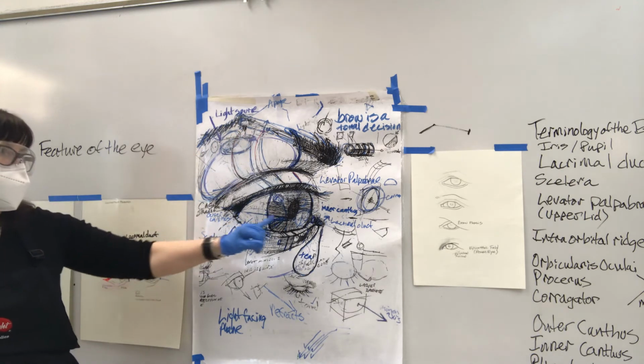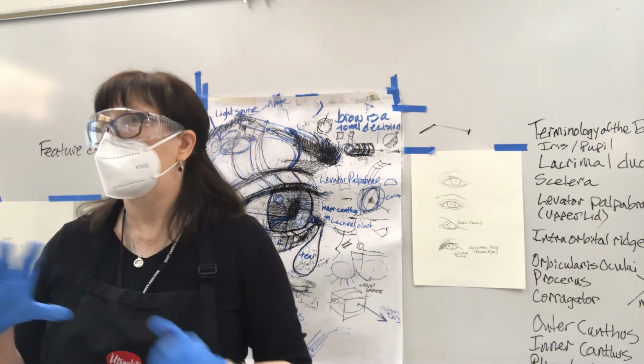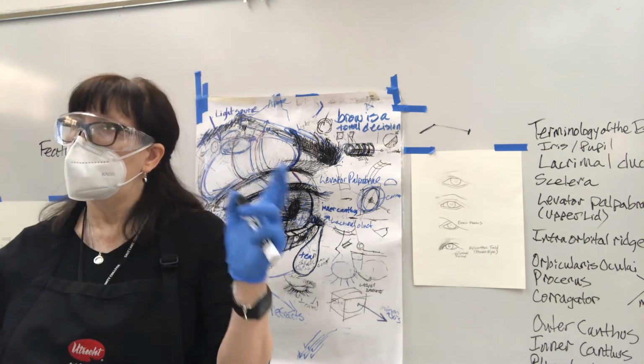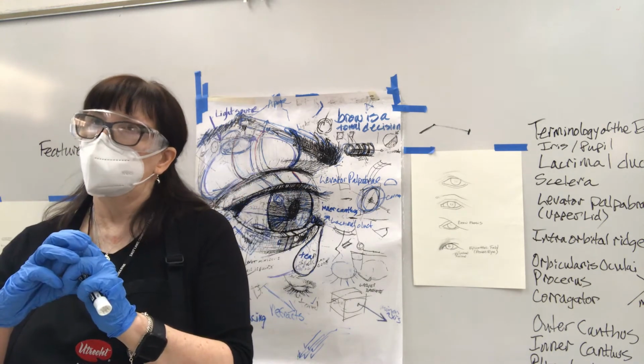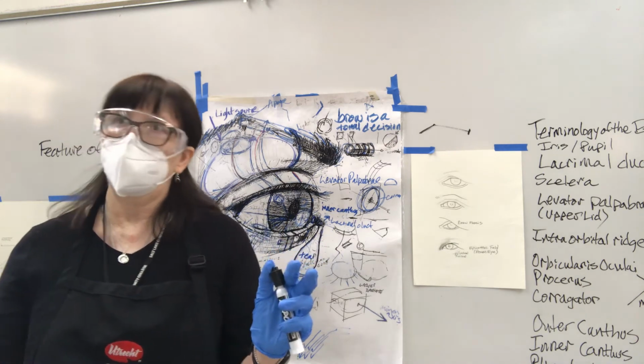Now, one thing about the pupil of the eye is it's an aperture. So it opens and closes, just like the aperture of a camera, and it allows light in.